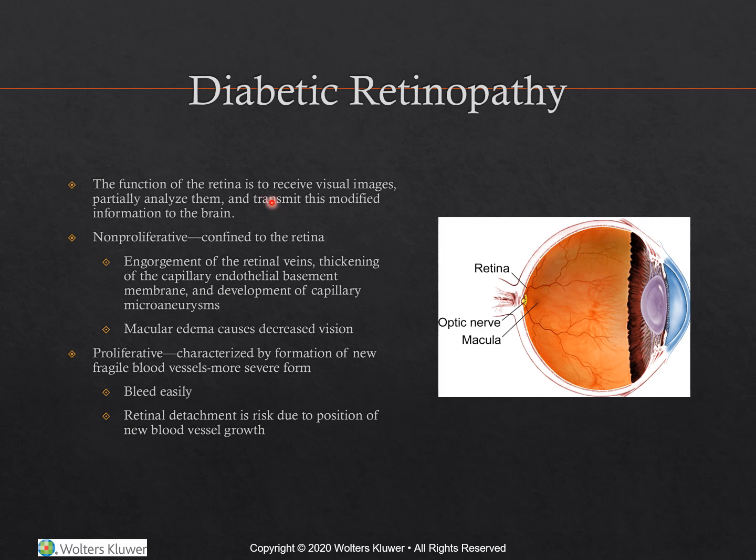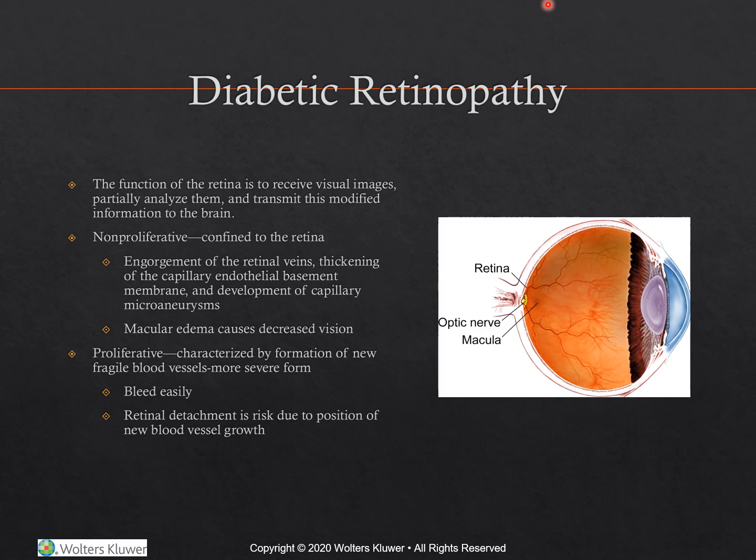And these changes can threaten vision in two major ways. Because of the abnormal blood vessels and their tendency to bleed really easily, that blood can leak into the vitreous cavity within the eye and directly decrease visual acuity that way.